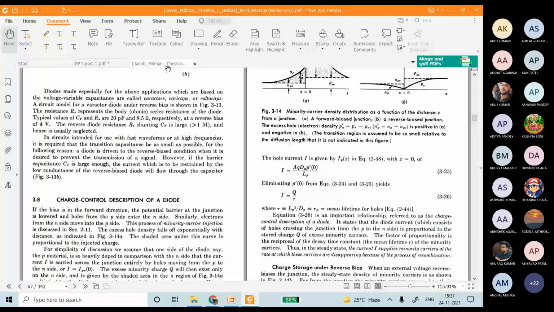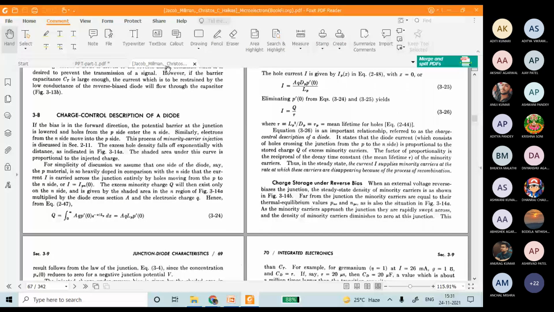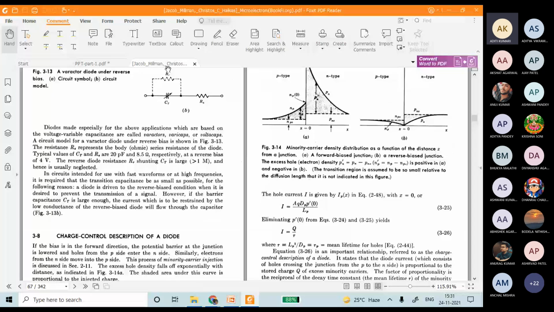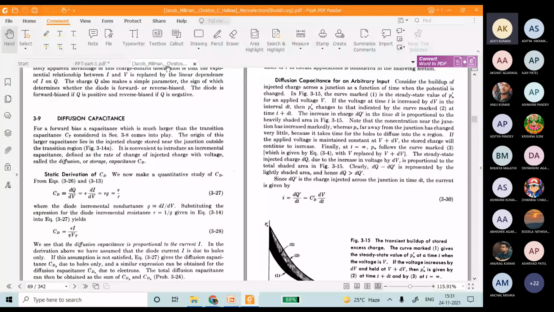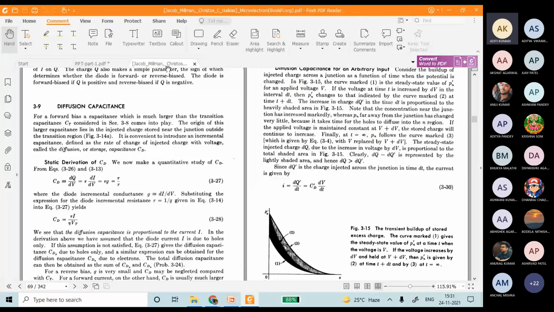Charge control description of a diode: how the charge is being controlled in a diode, so that you can see. You have to associate all these things together. Current you can find out from here, and then this current is going to contribute towards these different equations. In this way you can relate here. You can see the different equation relations, and you can go through all these.